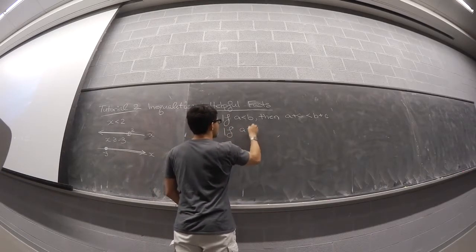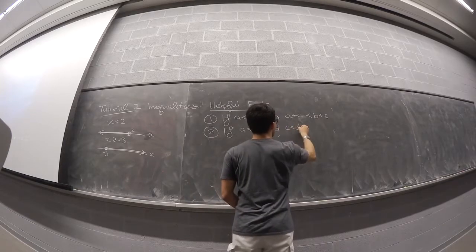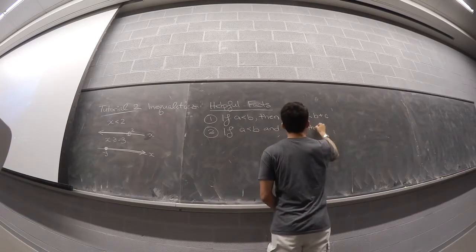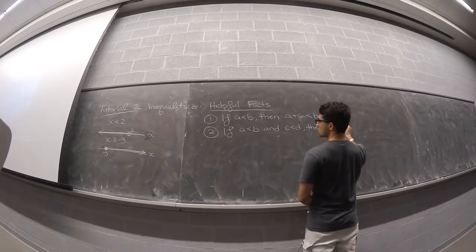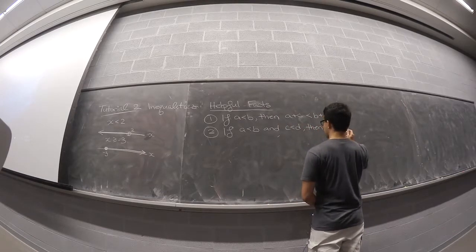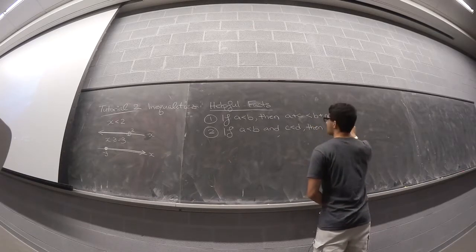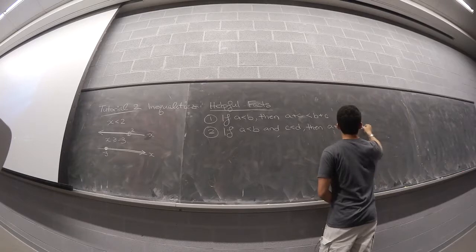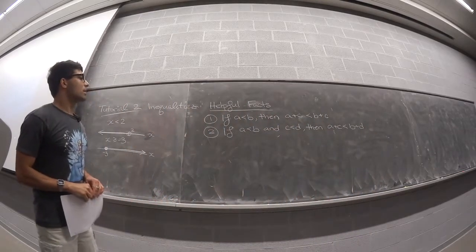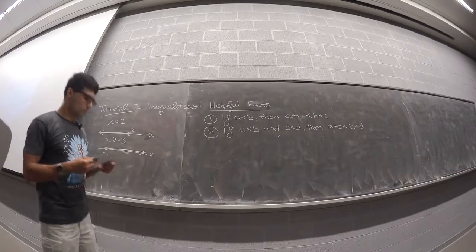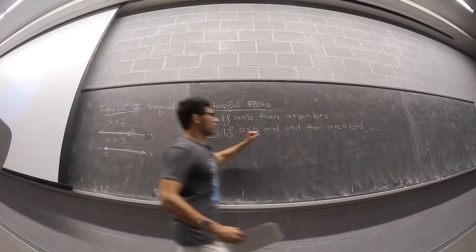Number 2. If A is less than B and C is less than D, then A plus C is less than B plus D. Okay, so all I did was add those two inequalities.